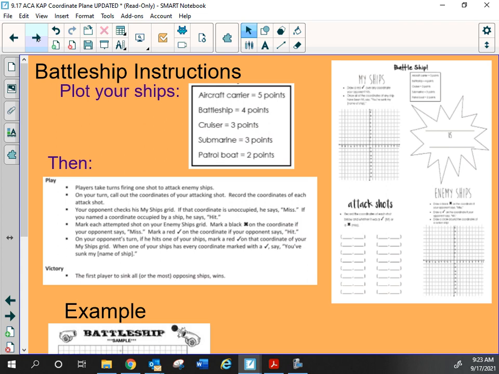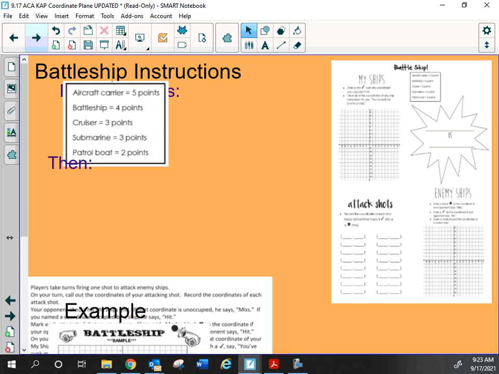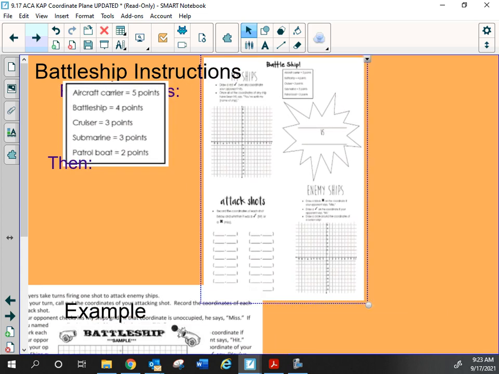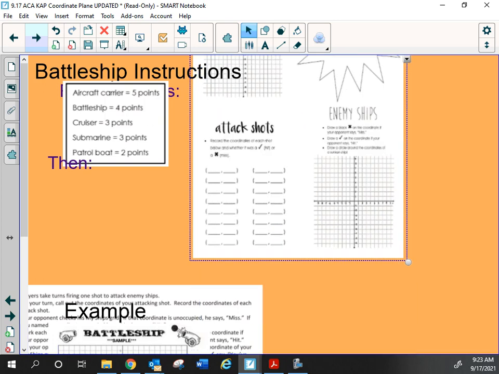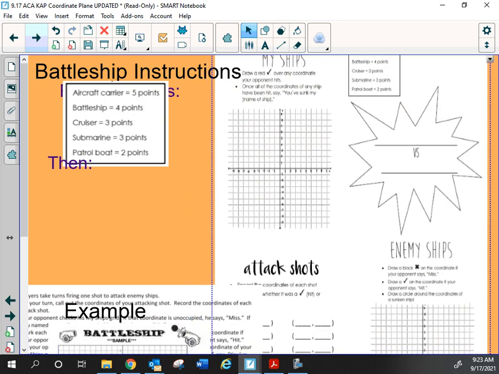What you're going to do first is plot your ships, and they tell you how long or tall they are. I'm moving this around so I can do an example. So this is my coordinate grid, and my aircraft carrier is 5 points. In Battleship, they either have to be vertical or horizontal. You can't have it diagonal.